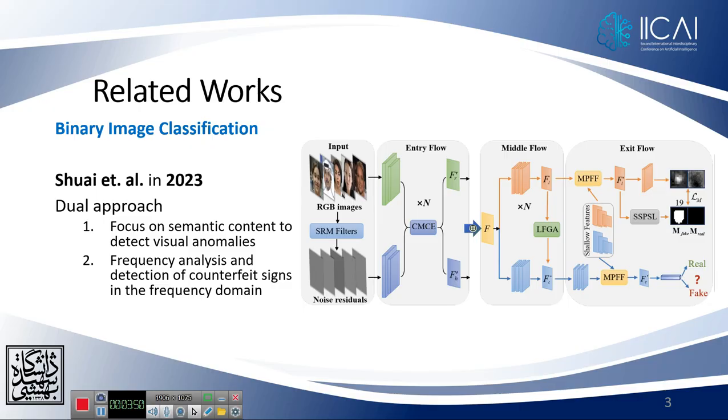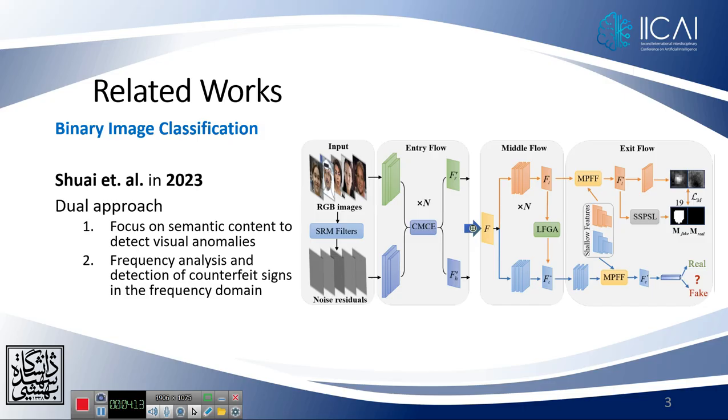It uses two parallel paths working together. Path 1 focuses on semantic content, analyzing the visual appearance of the face to detect anomalies in expressions, identity, consistency, and structural integrity.